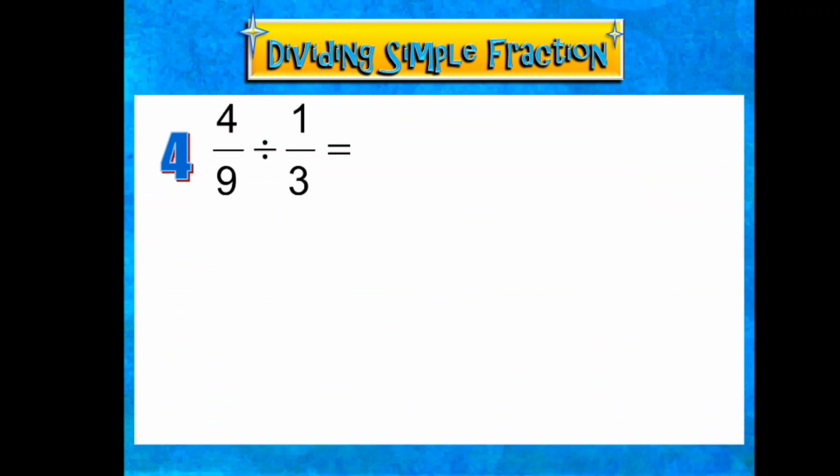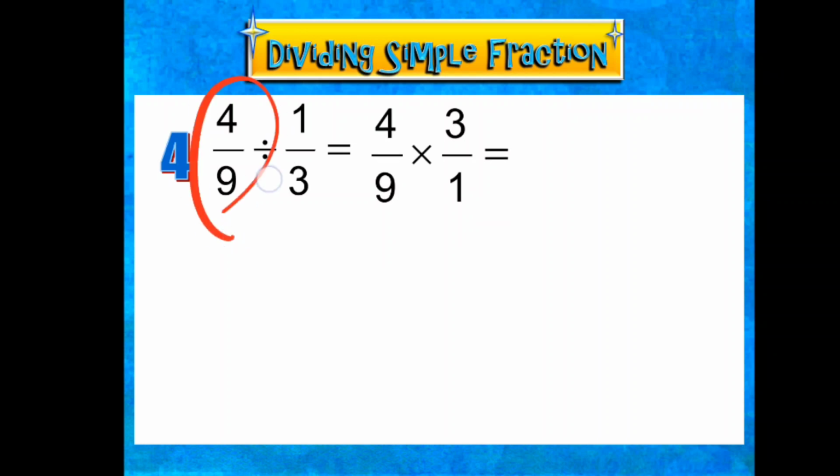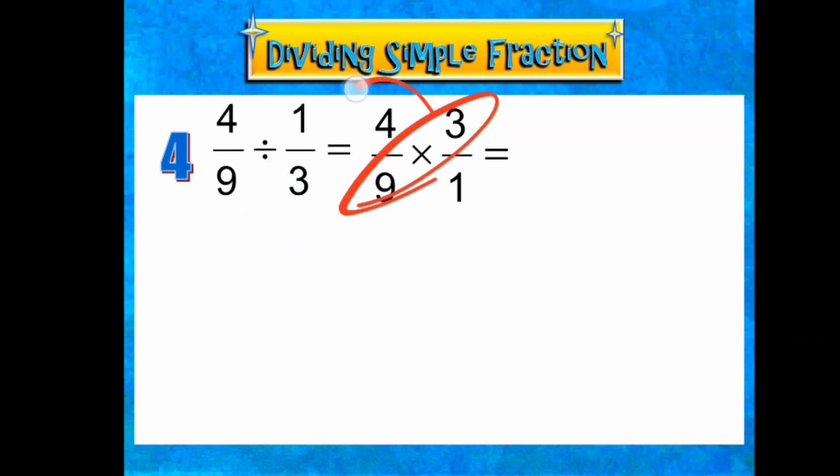Let's have number 4. 4/9 divided by 1/3. What is that? So, again, you just have to change the operation to multiplication and then flip your second one. It's 1/3. That becomes 3 over 1 already. So, this time, cross-canceling.